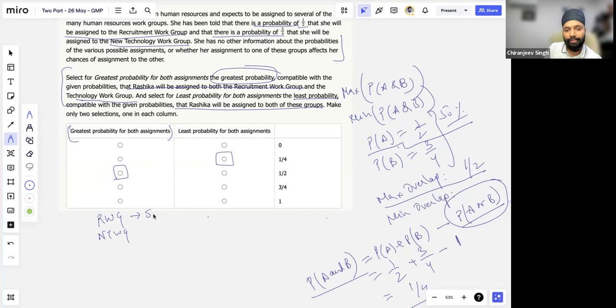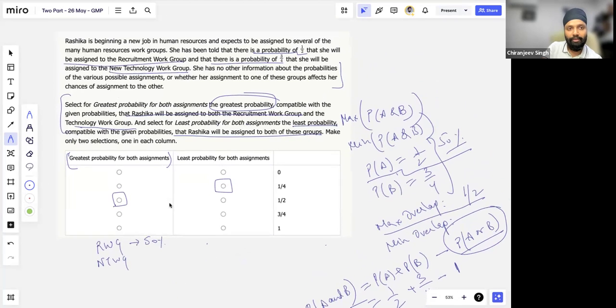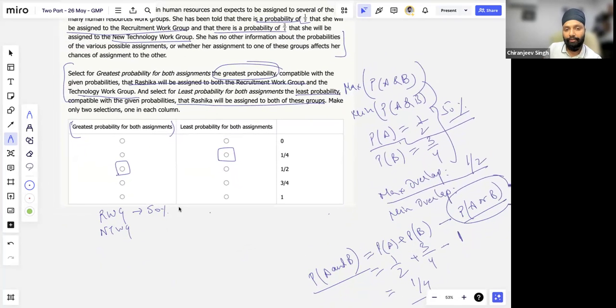So there is a 50% chance she'll, who is the person? Rashika will be assigned to this, right? So out of all the situations in the world, in 50% of the situations, she'll be assigned to RWG.